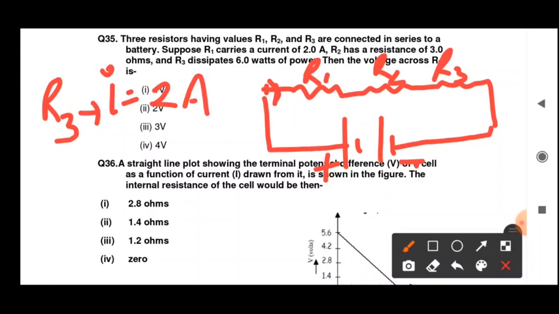It is given that R3 has power 6 watt, and we have to find the voltage across R3.